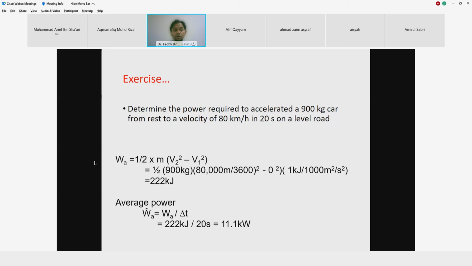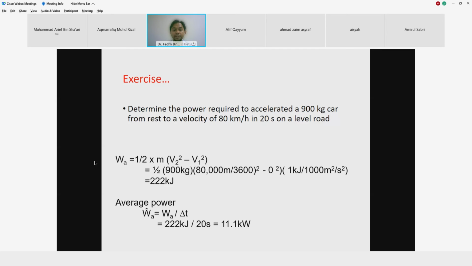The velocity is the same at position 1 and position 2. But for this case, velocity is not constant, so you have to subtract v1. The potential energy for this case is 0, because on a level road, mgz, Z1 equal to Z2. They are on the same level. That's why potential energy can be cancelled.